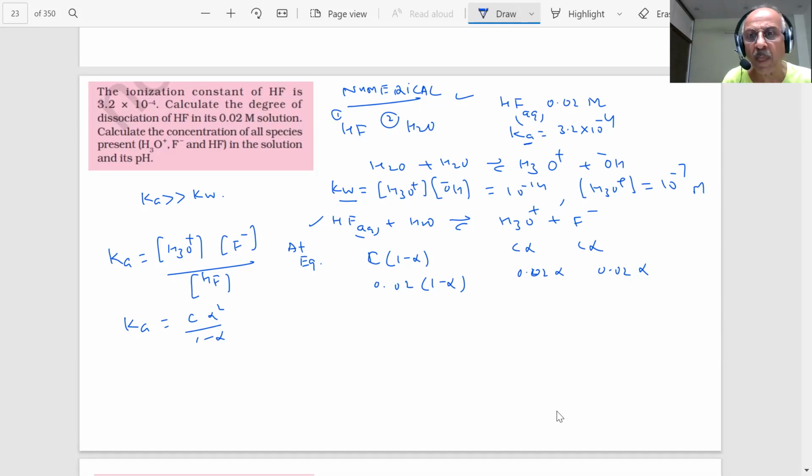How much is the Ka value? 3.2 into 10 raised to power minus 4. So here you find the value of alpha from this equation, students.